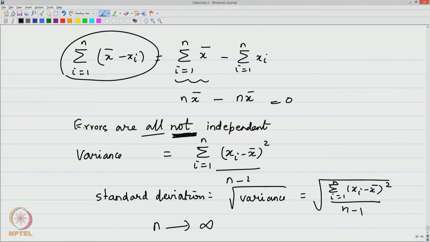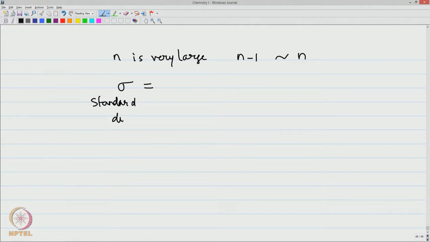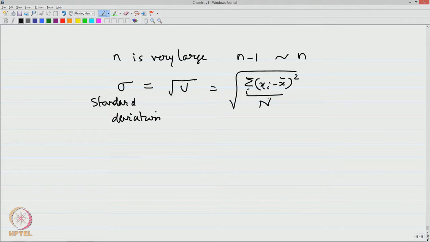The errors become independent of each other, and as n goes to infinity or n is very large, you can always replace n minus 1 by n, and therefore, the exact formula for the standard deviation is the square root of the variance, that is the square root of sum over i of xi minus x bar whole squared divided by n.